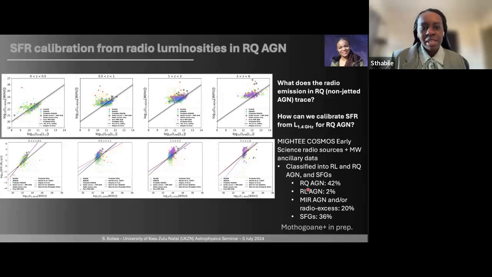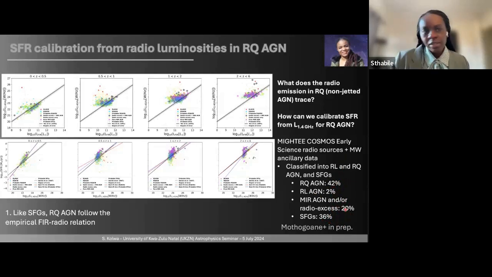And using the MIGHTEE early science data and the multi-wavelength ancillary data already available, Sandor has classified the source population and found that many sources in the sample, up to 42%, are radio quiet AGN, with about 36% being star-forming galaxies, and all the others being some form of AGN, either radio loud or mid-infrared.